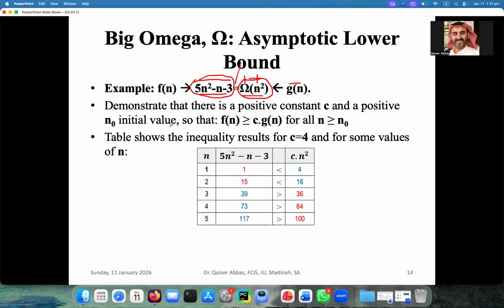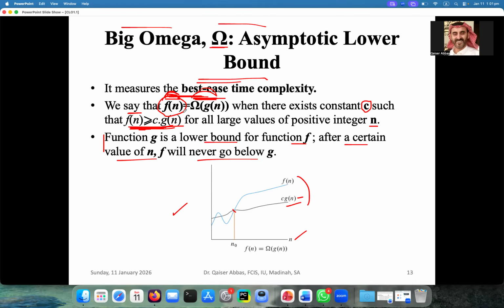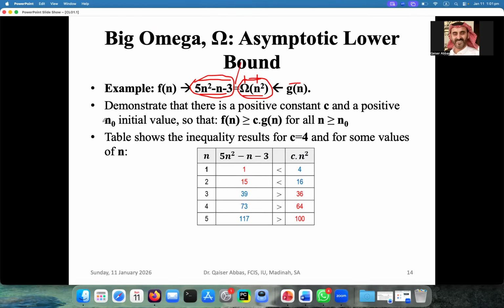According to the definition of big omega, I have to show that for some positive constant c and some initial value n0, f of n is always greater than or equal to c g of n, for all n, positive numbers, higher than n0, your selected starting value.